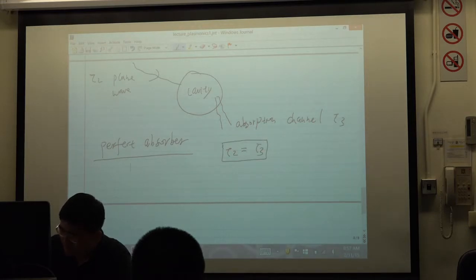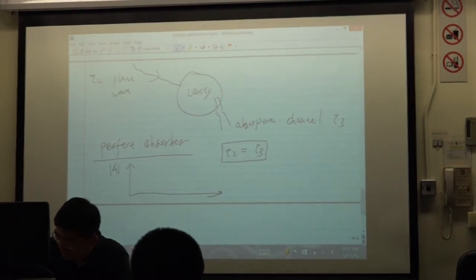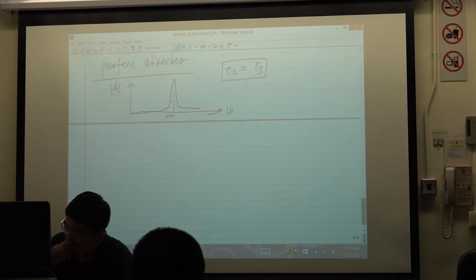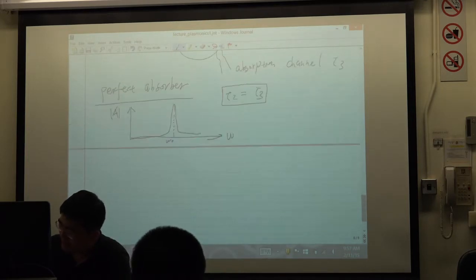When they achieve that, this is absorption. But unfortunately, it is very narrow band at omega 0, the resonance frequency.